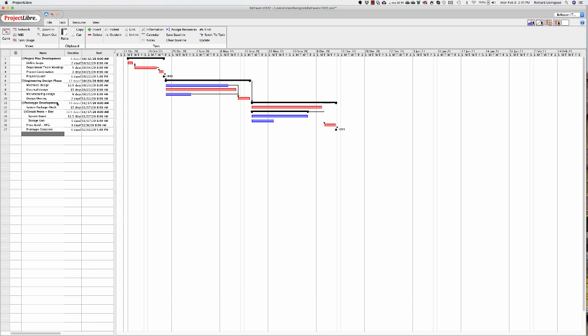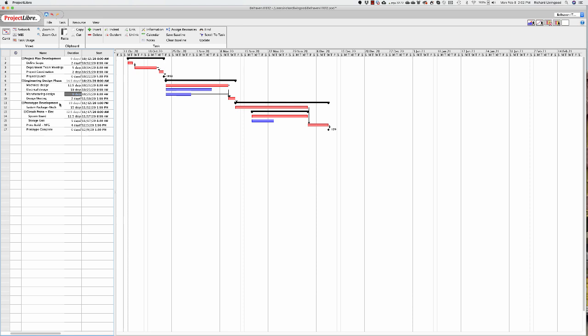Now I'm going to make a change here. Watch what happens. Let's say instead of 15 days, it only takes 10 days to do the electrical design. Now look what happened to the critical path. Instead of electrical, now mechanical is the task that drives the whole phase, the whole design process.